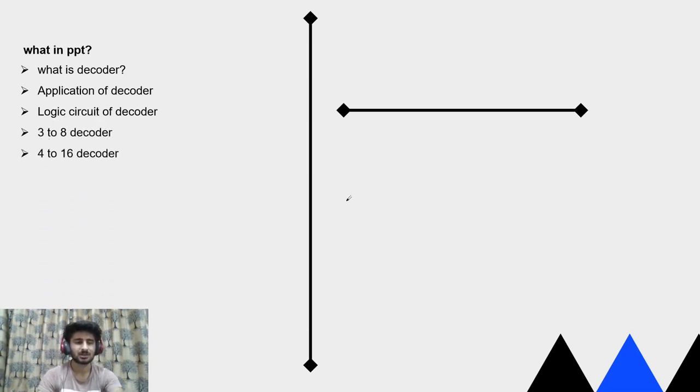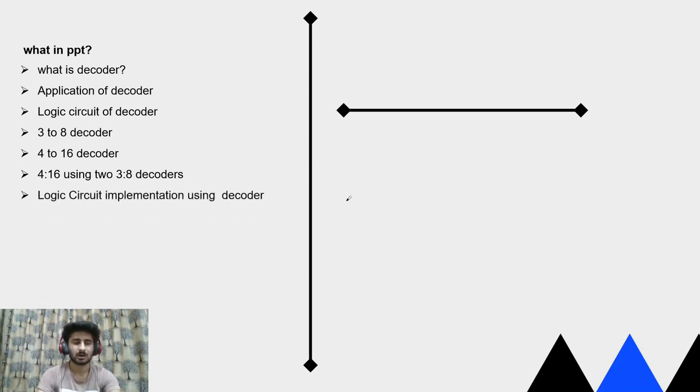Then we will see some examples of decoder, 3 to 8 and 4 to 16 decoder. We will also implement the 4 to 16 decoder using the 3 to 8 decoder. Then we will see some implementations of logic circuits using the decoder.